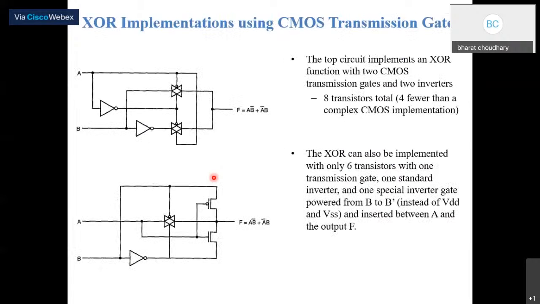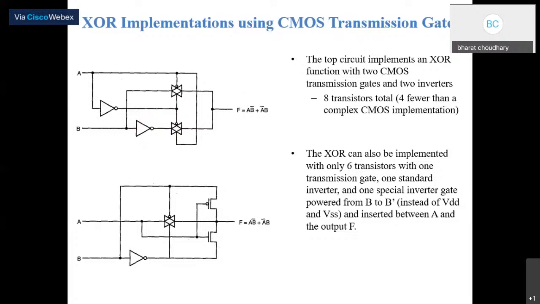Similarly, XOR can be implemented by using such CMOS transmission gates. Here this top circuit implements an XOR function with two CMOS transmission gates and two inverters. So here there are 8 transistors total. How are these 8? Here there is a combination of PMOS and NMOS, and one inverter is made up of two transistors, PMOS and NMOS.